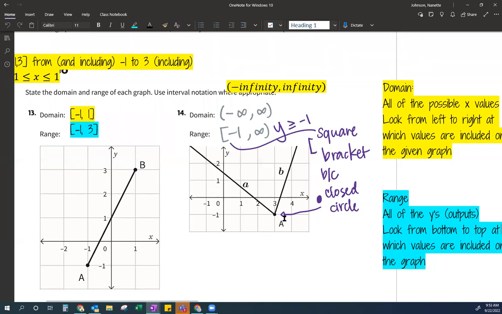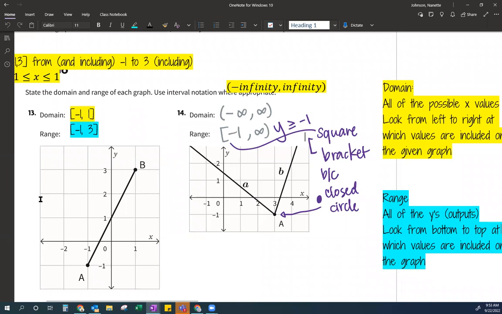Okay, so review really quick. You should know what square bracket means. If you don't know, square bracket means closed circle. Square bracket is the same thing as less than or equal to, the equal to part. You should know parentheses always belong with -infinity or positive infinity, right? And then the last thing is knowing the difference between domain and range.